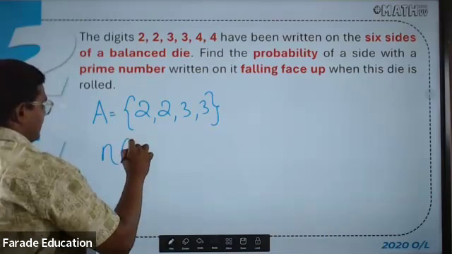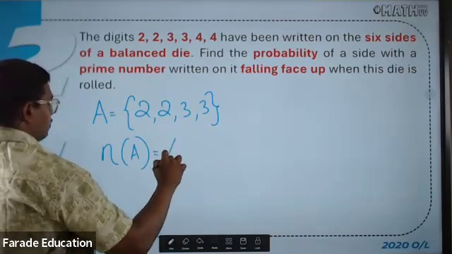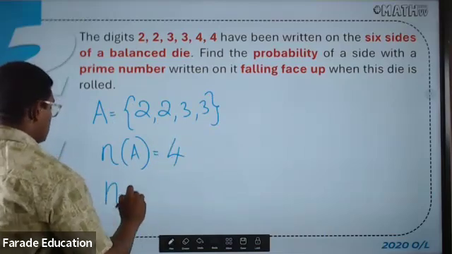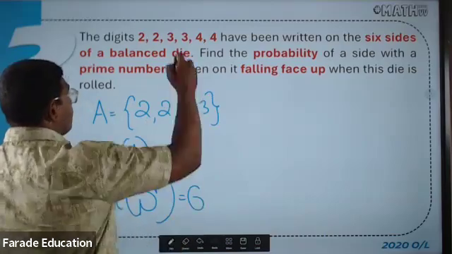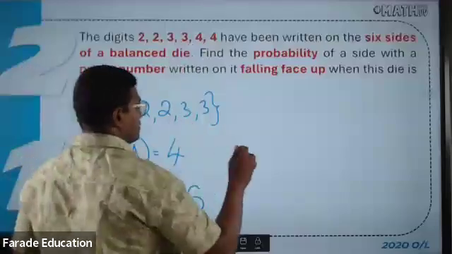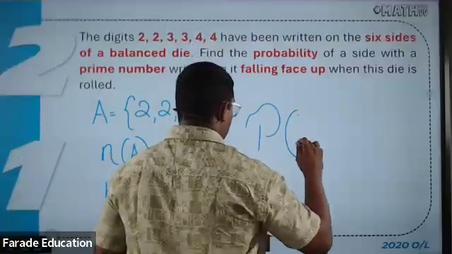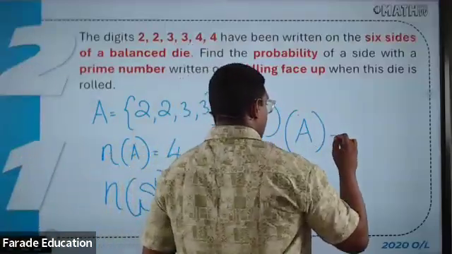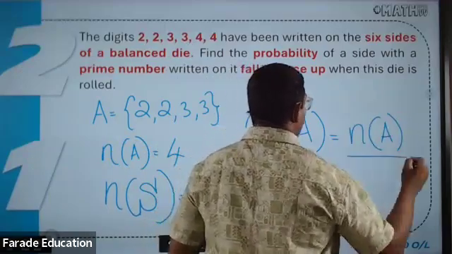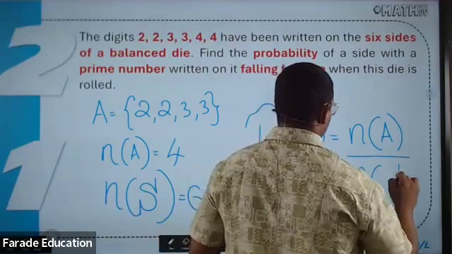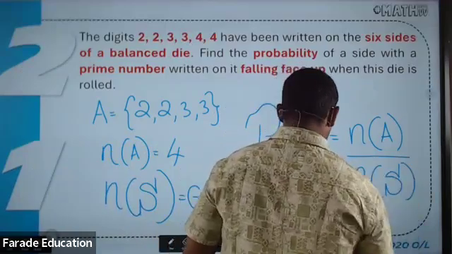The number of elements in set A equals 4. The total number of outcomes is 6. Why? 1, 2, 3, 4, 5, 6. Then what is the probability? Probability of A equals the number of elements in the event divided by the total number of elements.